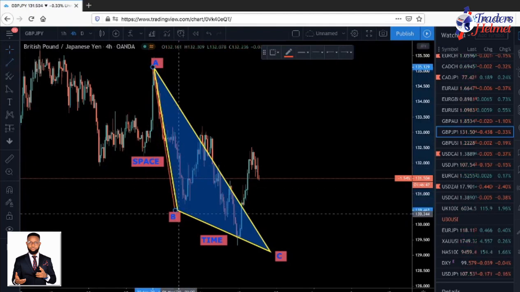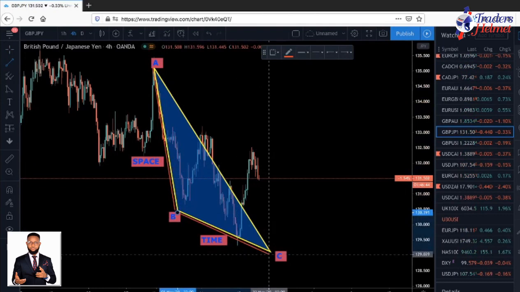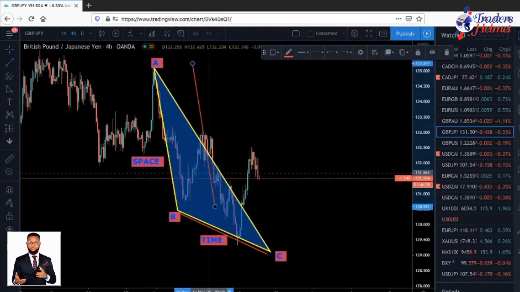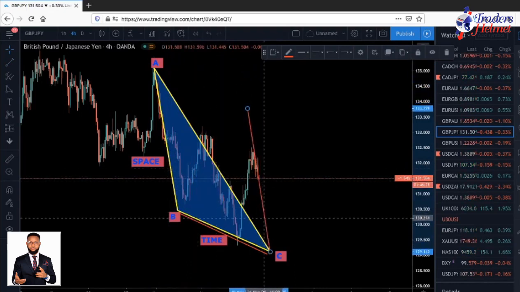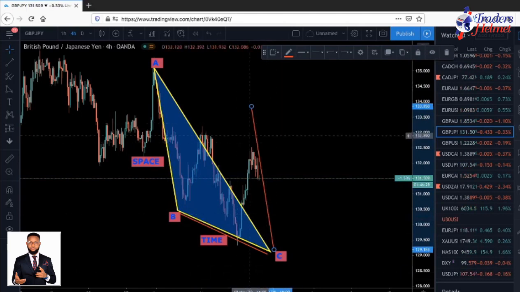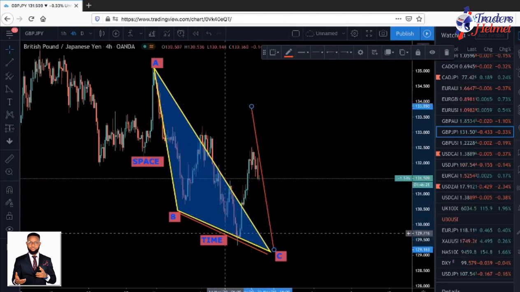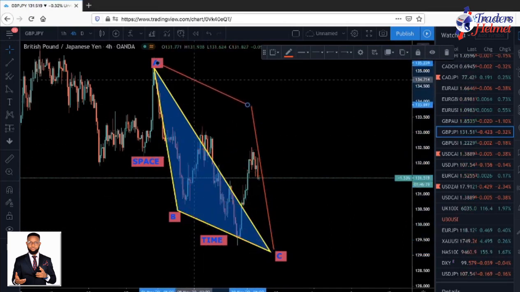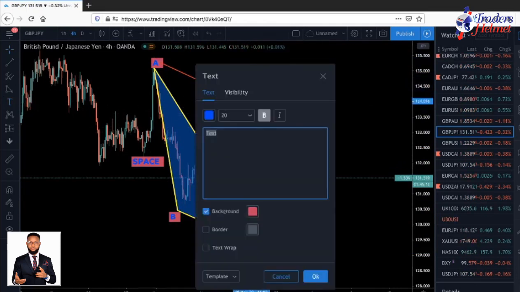Run a line from point B to point C. Now, first, pick up that line from point A to B, bring it to point C, forming another point called point D. So the next point is formed, called point D. This is point D.